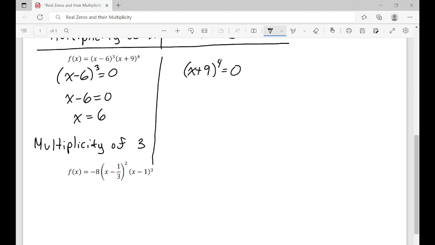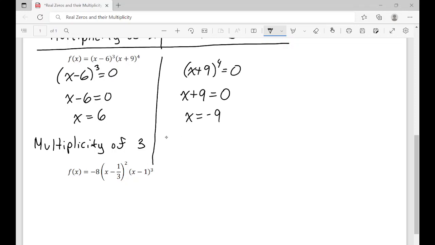And now we're going to do the same thing over here. I'm going to solve for x. So the first thing I'm going to do is take the 4th root of both sides, and I'm going to get x plus 9 equals 0. Then subtract 9 over, x equals negative 9. And since this is raised to the 4th power, that means there are 4 negative nines as an answer.